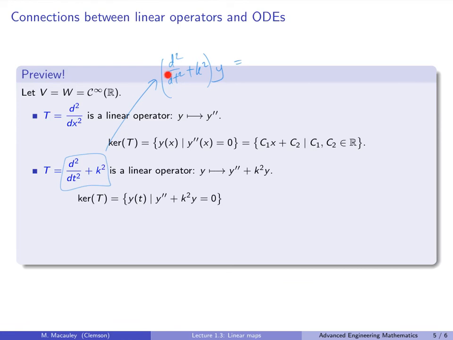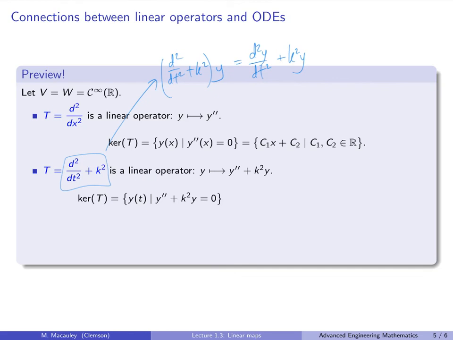You get the second derivative of y plus k squared times y, so d squared y over dt squared plus k squared y. So this is indeed a legit differential operator. And I claim it's linear.